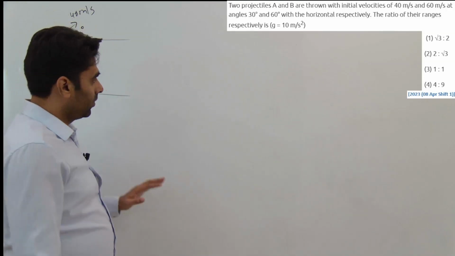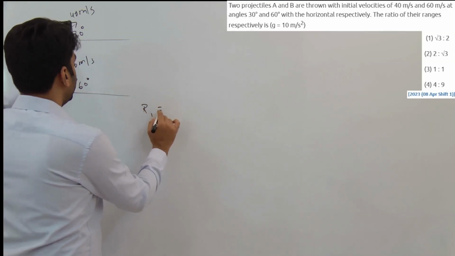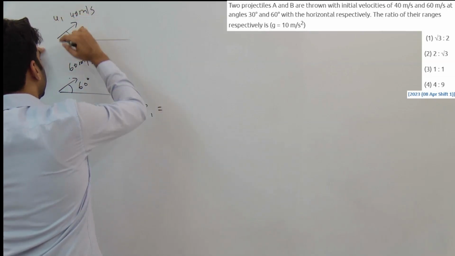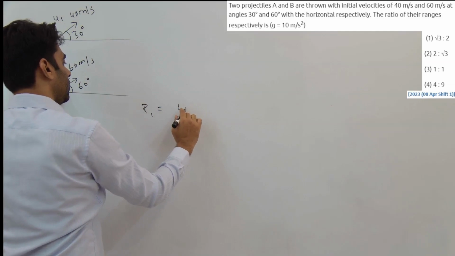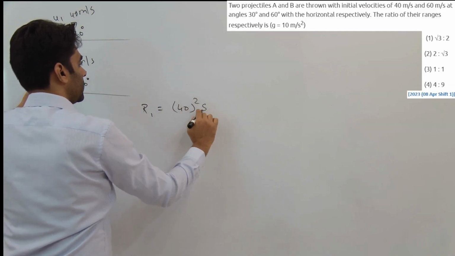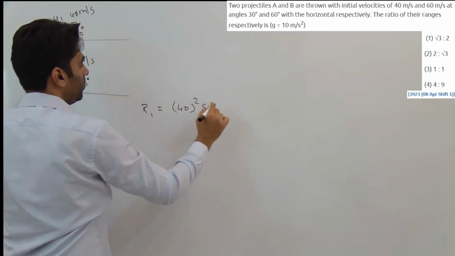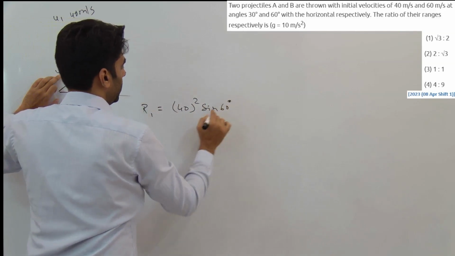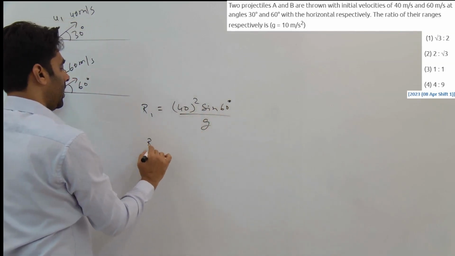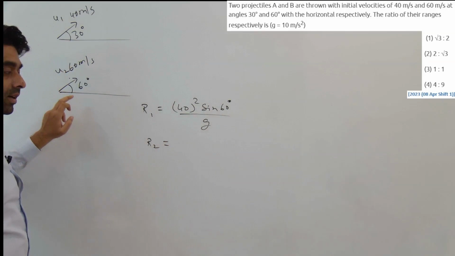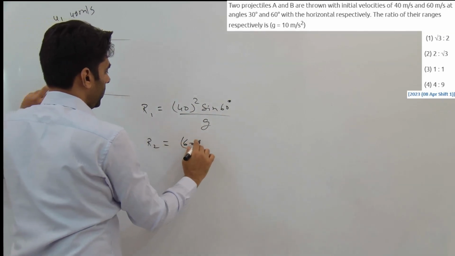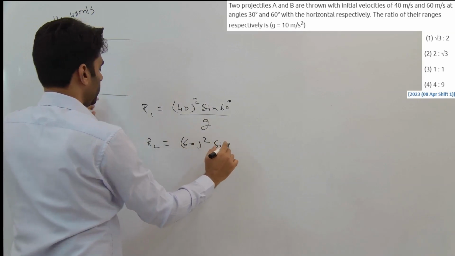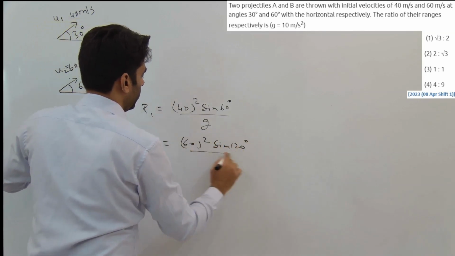Simple question. Range for the first one, let's call the velocities u1 and u2, will be 40 square sine 2 theta, that is sine 60, by g. Range R2 for the second one is 60 square sine of 2 times 60, that is sine 120, by g.